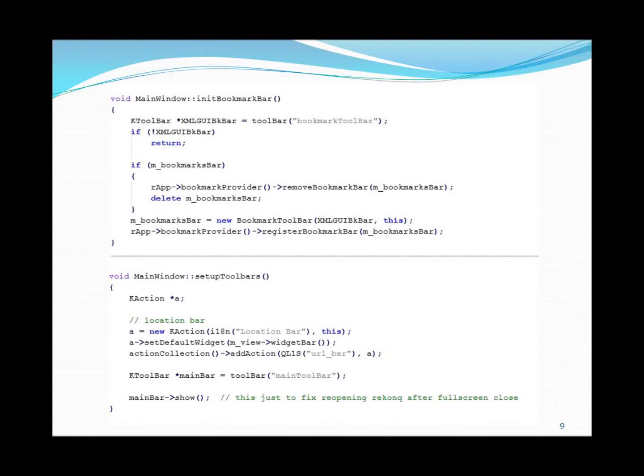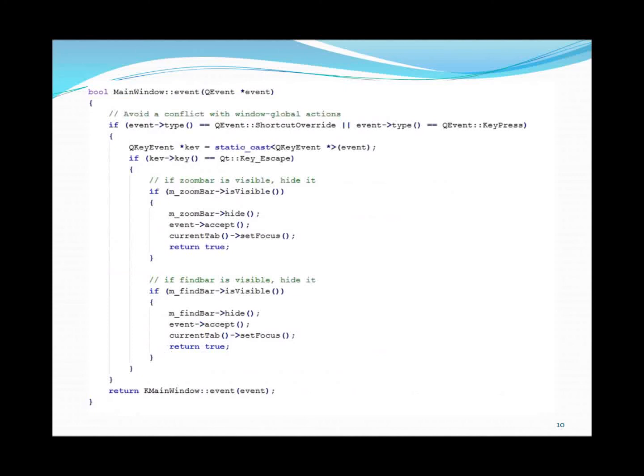So main window is the parent class and init bookmark bar is the child class here. So init bookmark bar can inherit the methods and attributes of the main window class.